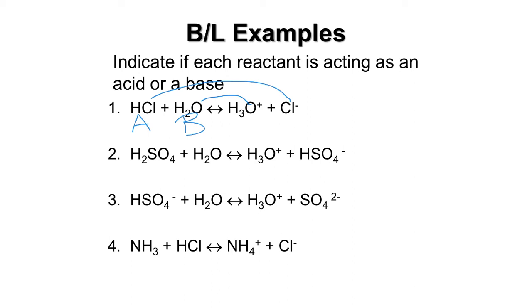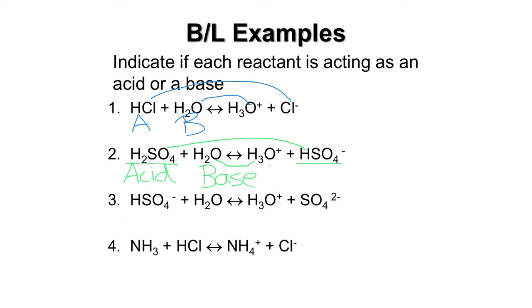All right, if we take a look at the next one here, H2SO4, you would partner that with HSO4 minus and water with H3O plus. H2SO4, in order to turn into HSO4 minus, has to lose or donate an H plus. Therefore, H2SO4 is acting as the acid. Water is gaining an H plus in order to turn into H3O plus, so water is acting as the base here.